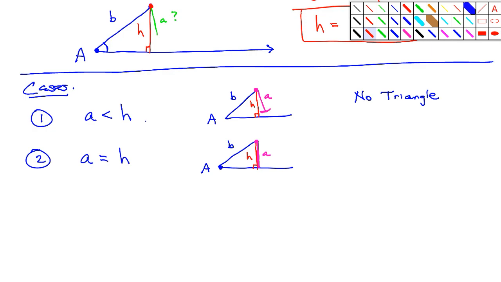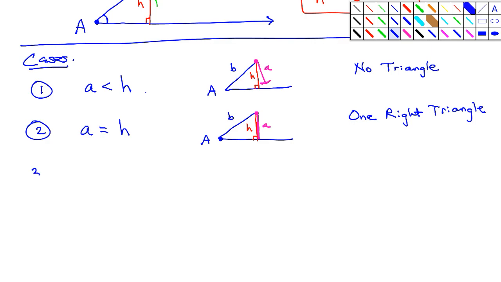Well then, we're in business, and we have one right triangle. Because the length A is going to come off that vertex at the top and intersect the ray at the bottom in exactly one point, and that point is called the foot of the right angle. The foot means that's where it intersects at a right angle. And so you get one right triangle.